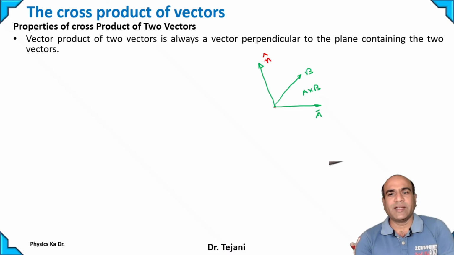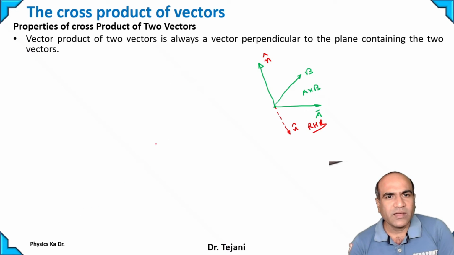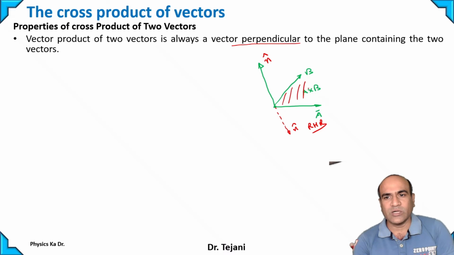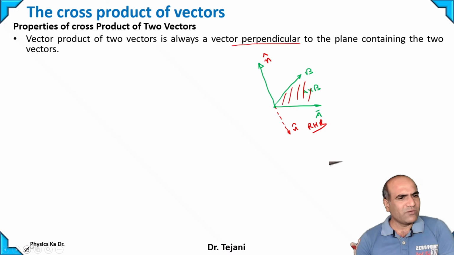It may be in the upper direction or in the opposite direction, which we can get from the right hand. So the first property shows that the vector product of two vectors is always perpendicular to the plane containing the two vectors. It is very well known.